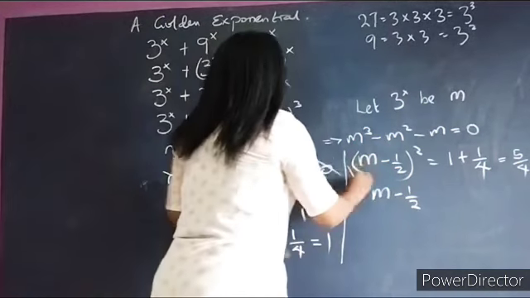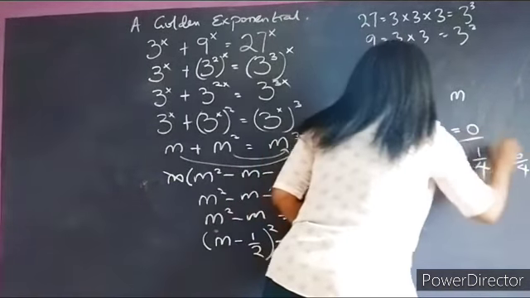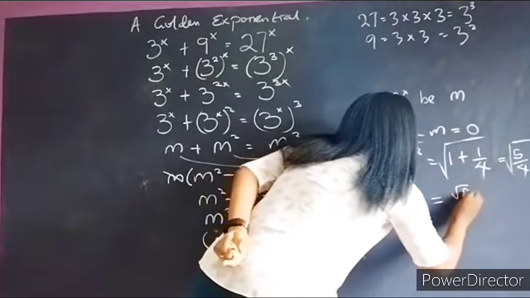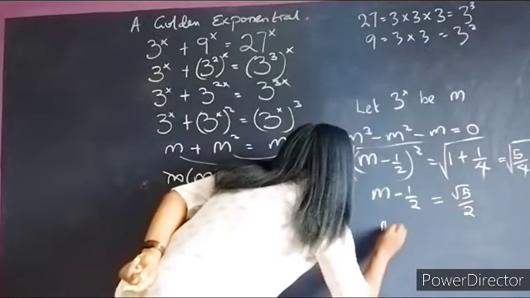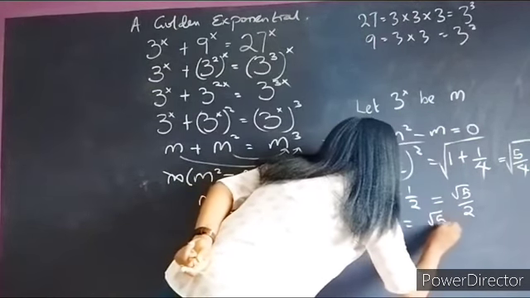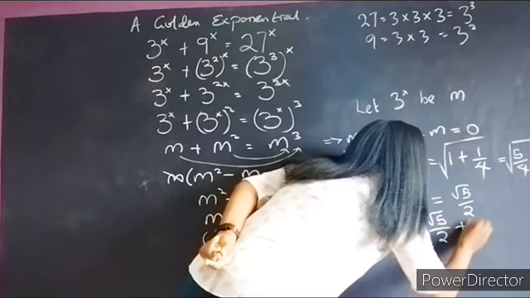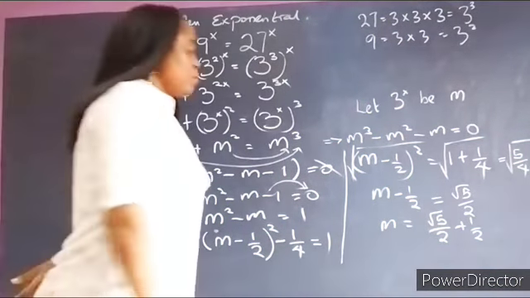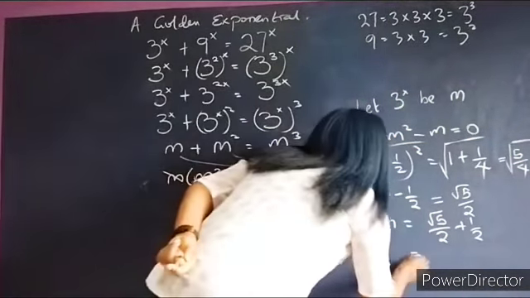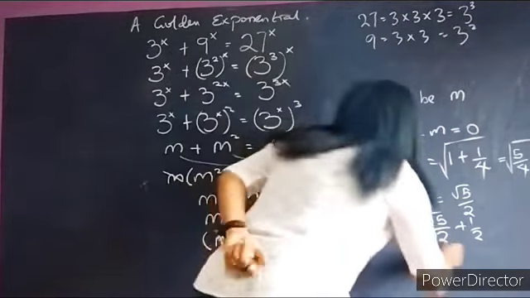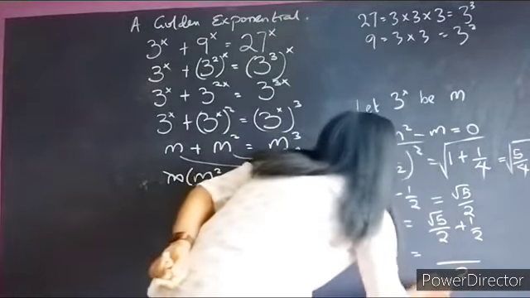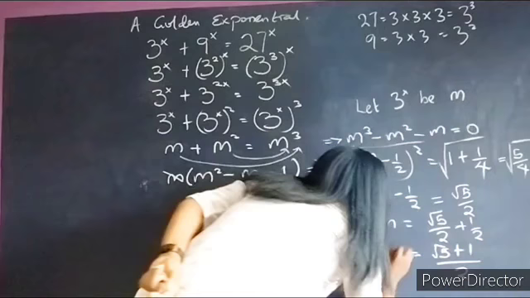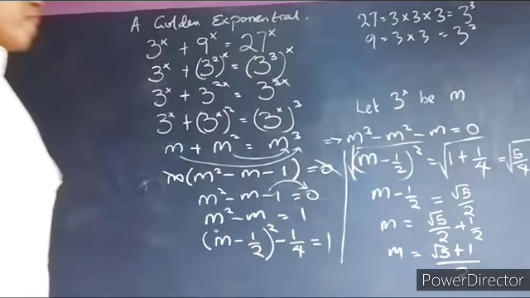If we find the square root of both sides, we're going to have m is equal to the square root of 5 over 2. Then m will be the square root of 5 over 2 plus 1 over 2. So m is what? Let's find the LCM, which gives root 5 plus 1. M is equal to root 5 plus 1.